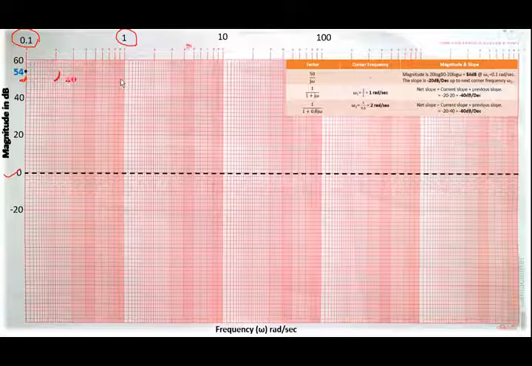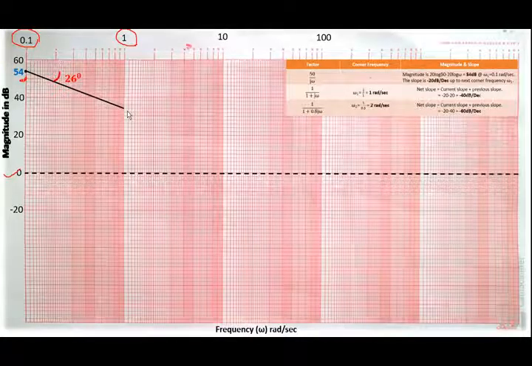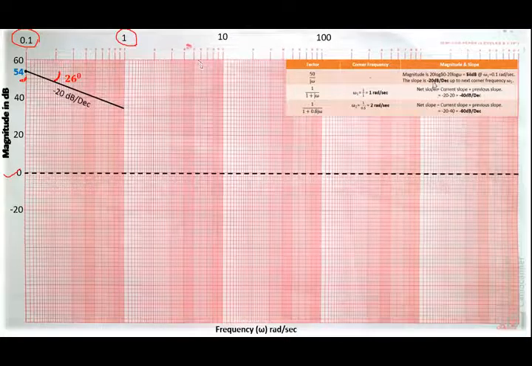So this is 26 degrees. From here till it reaches 1 radian per second, we need to mark one line. This line has an inclination of 26 degrees, and that slope is minus 20 dB per decade. It stops at 1 radian per second because this is the corner frequency for the first loop.